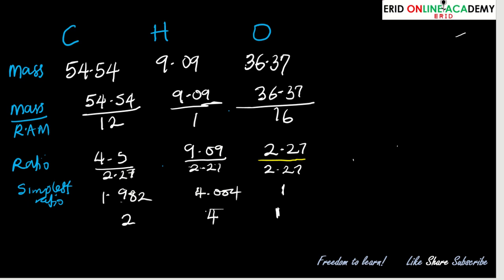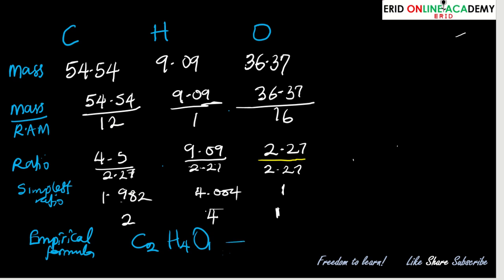So the empirical formula, since we have 2 for carbon, we have C2, H4 and O1.